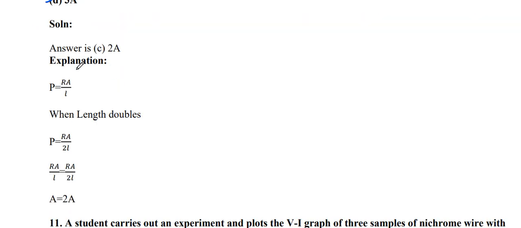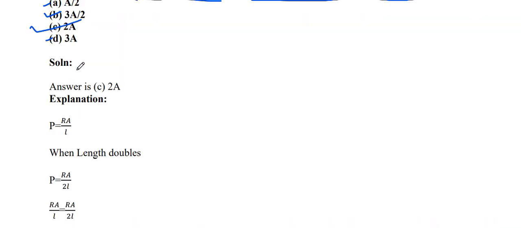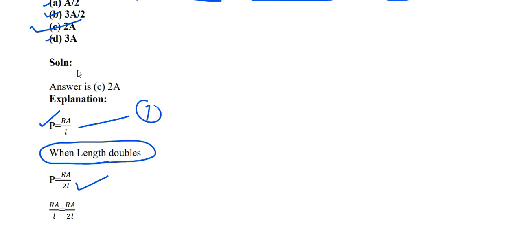You see here, right? Here ρ equal to RA by L. When length is doubled, what do you get? ρ equal to RA by 2L, and here is RA by L. Equation 1, and when you double it you get ρ equal to RA by 2L.